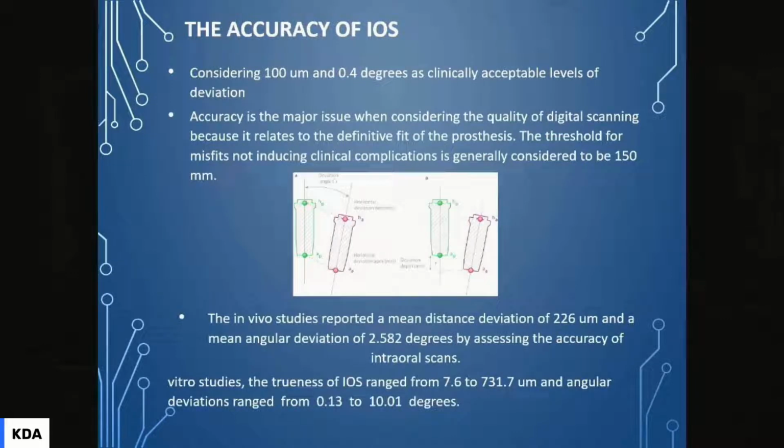And the mean angular deviation is about 2.5, and in some studies about 10 degrees. So your prostheses, when you design them, may not fit, or they may fit but cause screw loosening, screw fracturing, and they might cause marginal bone loss if you do not abide by these numbers. And this is what the literature basically says.